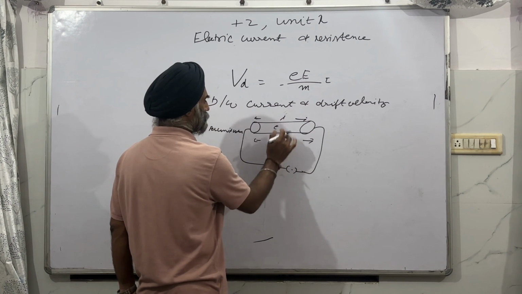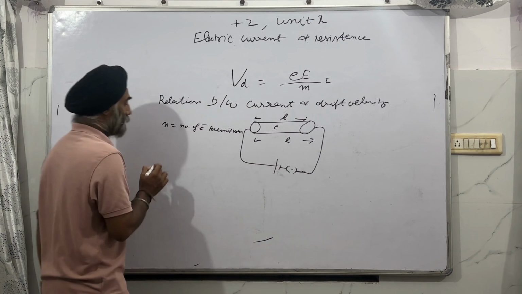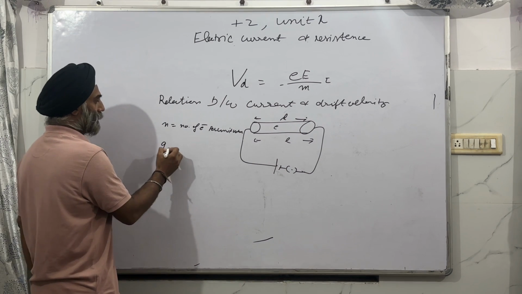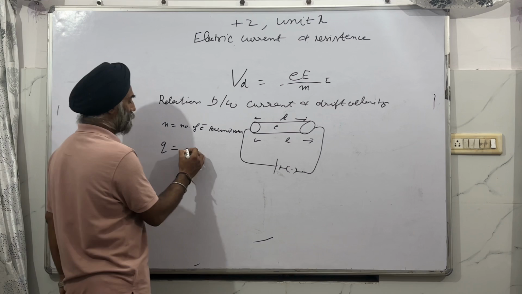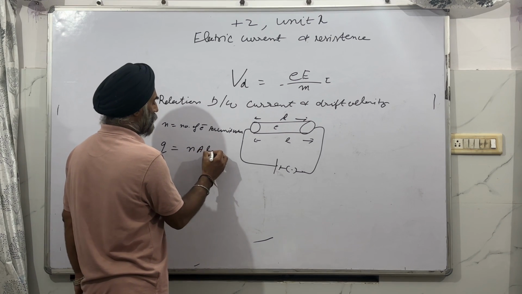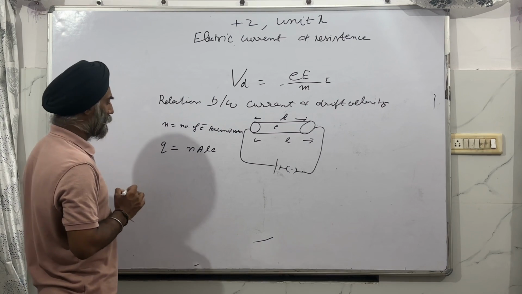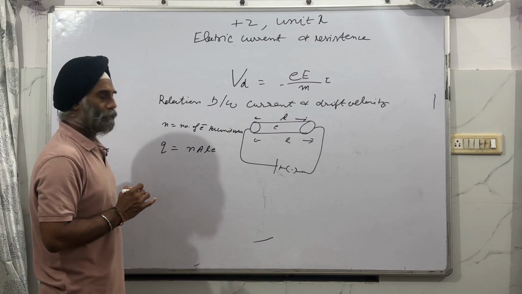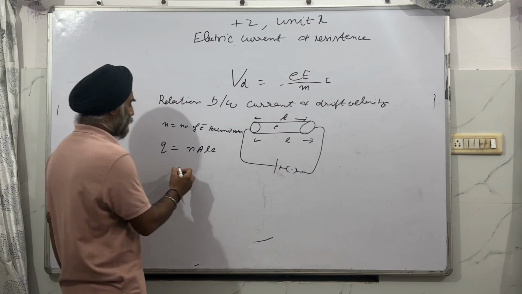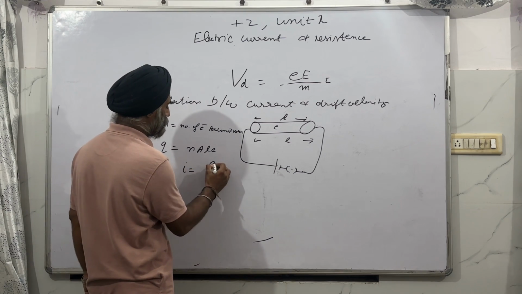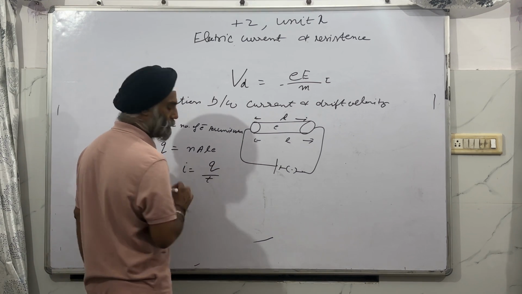हमने ये नीचे लिख दिया है, ऊपर भी दोबारा लिख दिया है. So the total charge in the conductor Q is equal to nALe. Q is equal to Ne होता है, AL से कर दिया, total number of charge आ गया. अब we have to find out I is equal to Q by t.